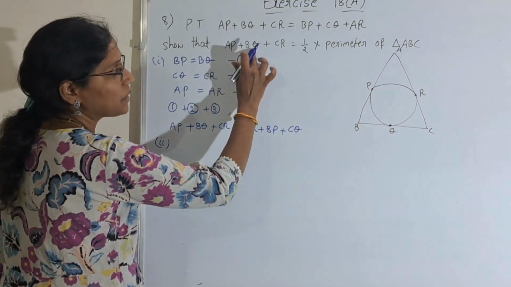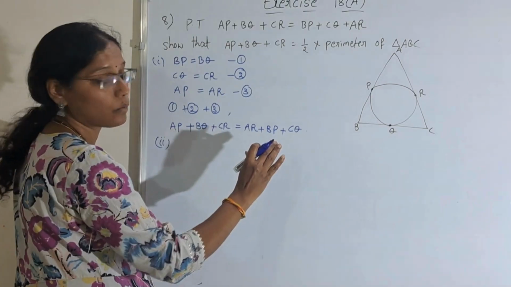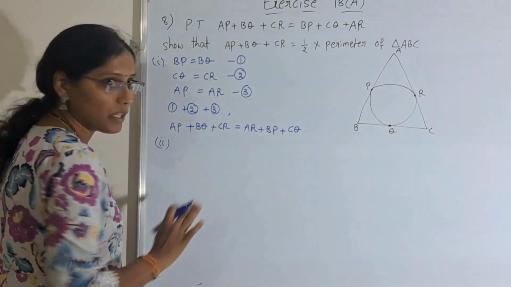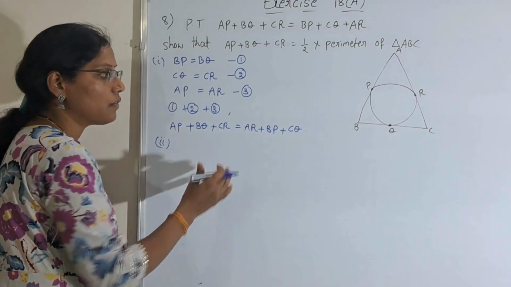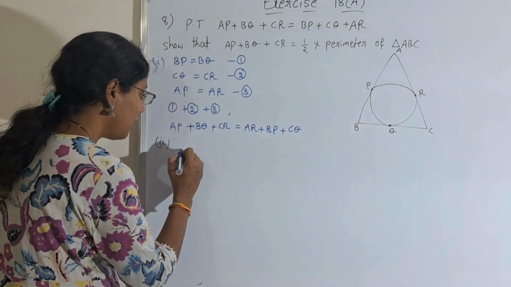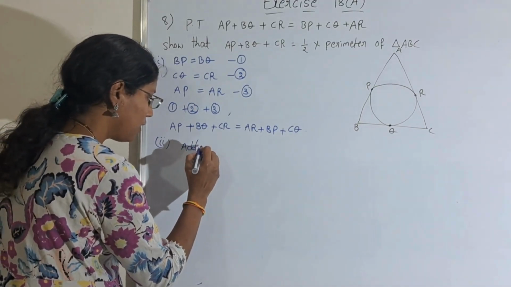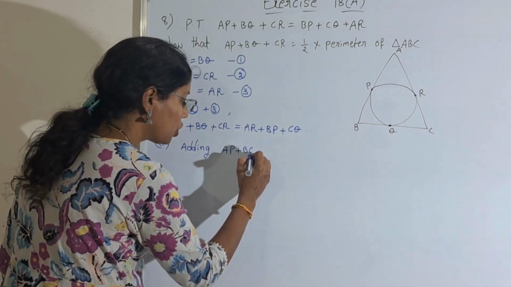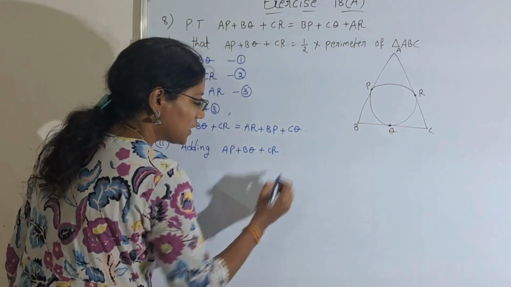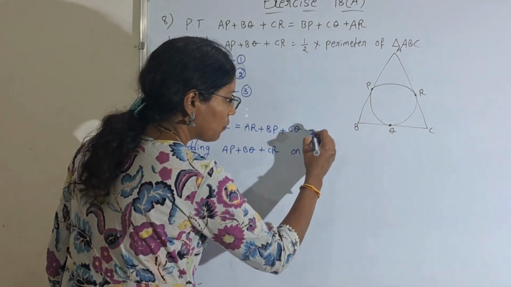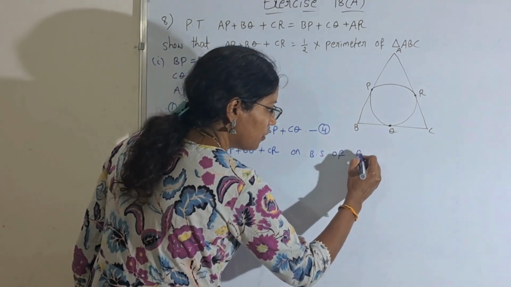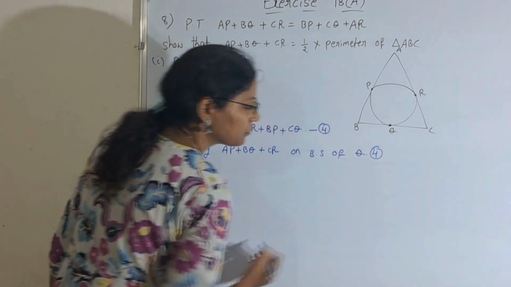Second one, AP plus BQ plus CR we have to take. This we have to prove. So this equation we have to use. This equation we have to add extra, adding AP plus BQ plus CR on both sides of equation 4.